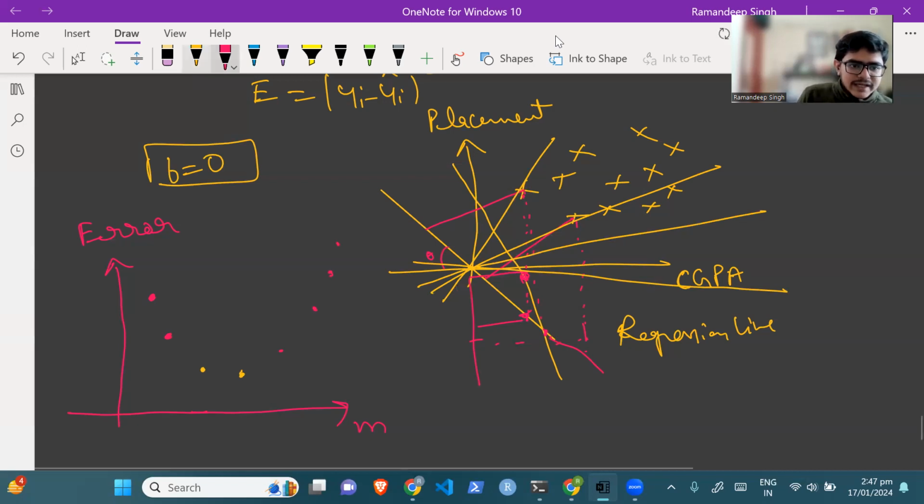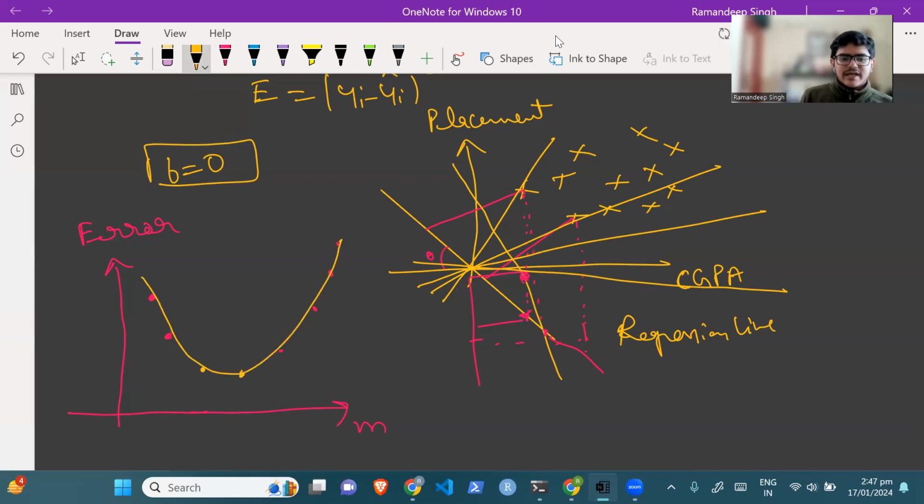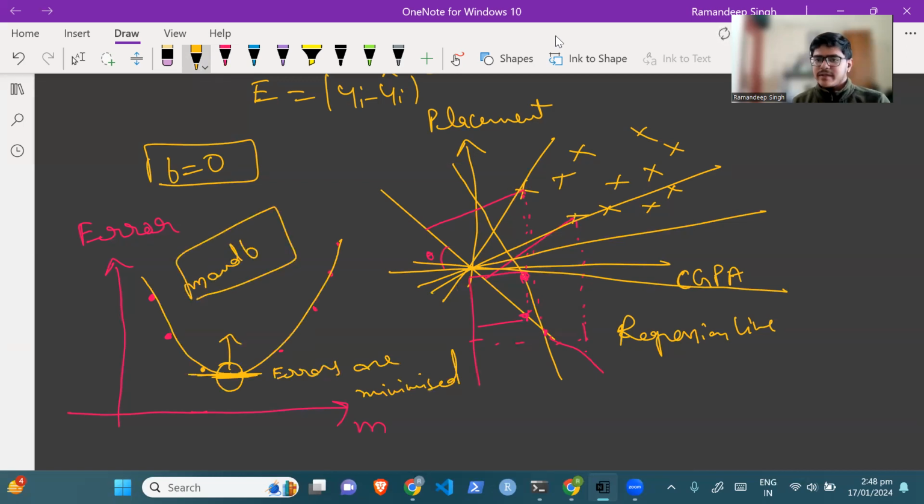So I get this parabola function, which is my error function, and this is the point where my errors are minimized, and this is the point which I am searching for through my m and b. When I change my m and b, there will be a point of minima which I want to find.